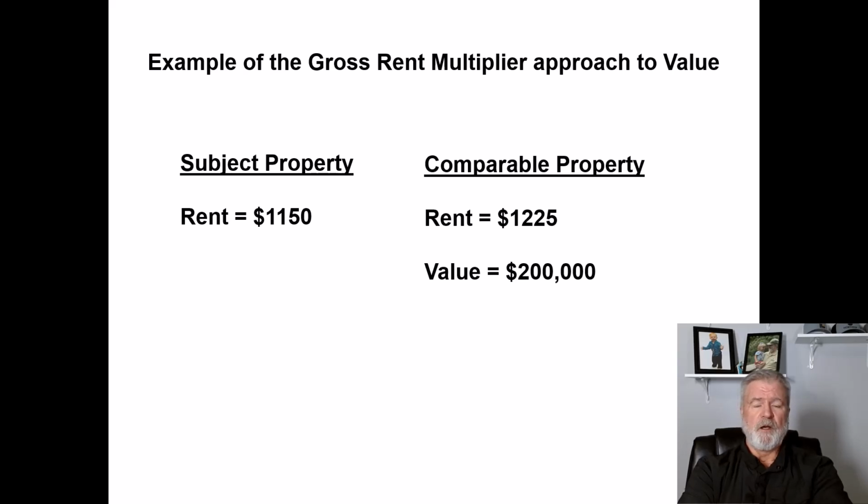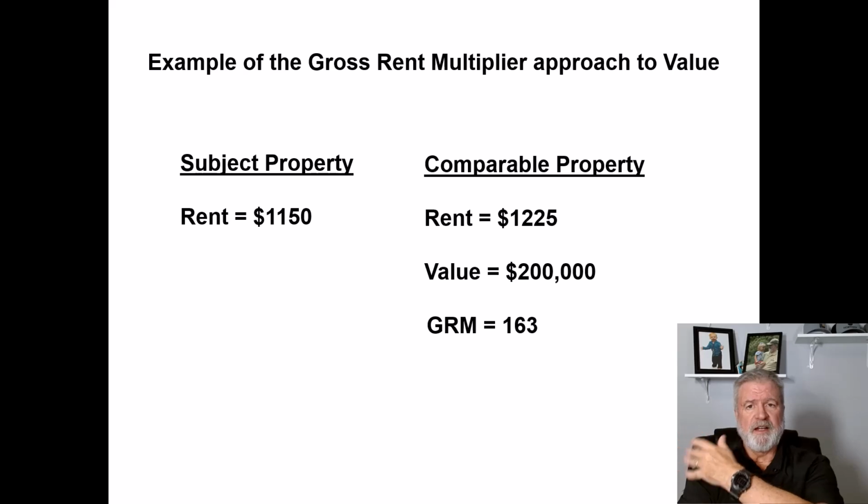And I now have enough information with that comparable property to figure out my gross rent multiplier, right? To do that, I just take the value, $200,000, divided by the rent, which was $1,225, and that should give you a gross rent multiplier of 163, and some change. But what we're going to do here is just round it to the nearest whole number, which is 163.